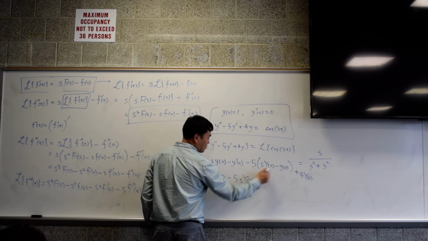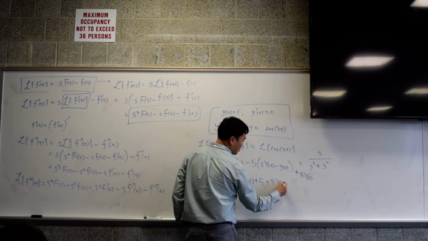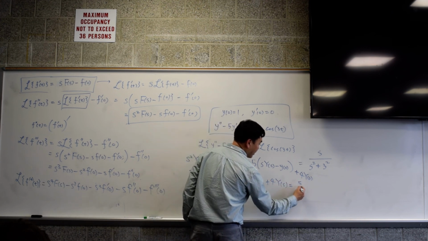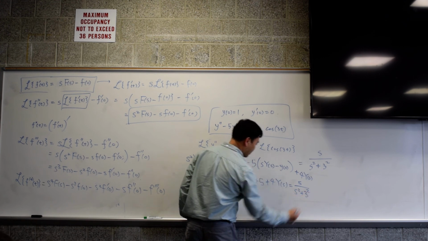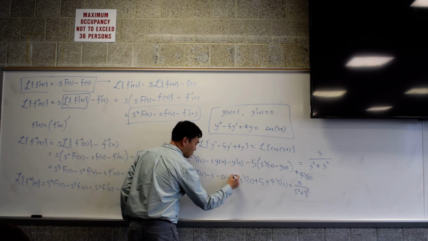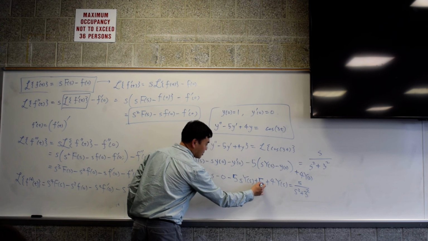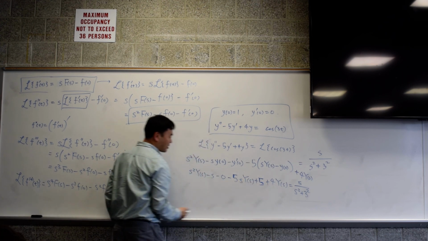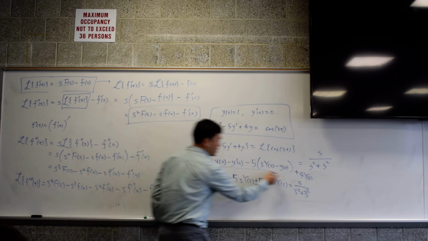Negative 5 times negative 1 is positive 5, plus 4 times capital Y of s equal to s over s squared plus 3 squared. Hopefully my 5 looks different from s; these are 5s. The remaining things that look like 5 are really s. All right, so this is what we get.